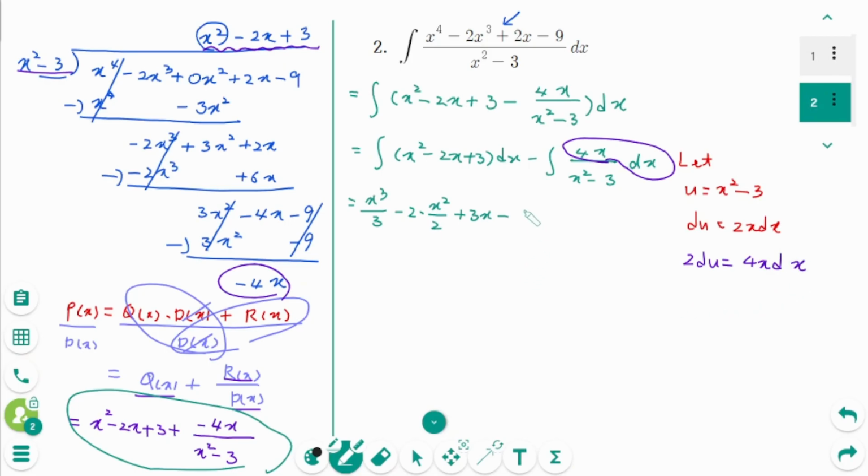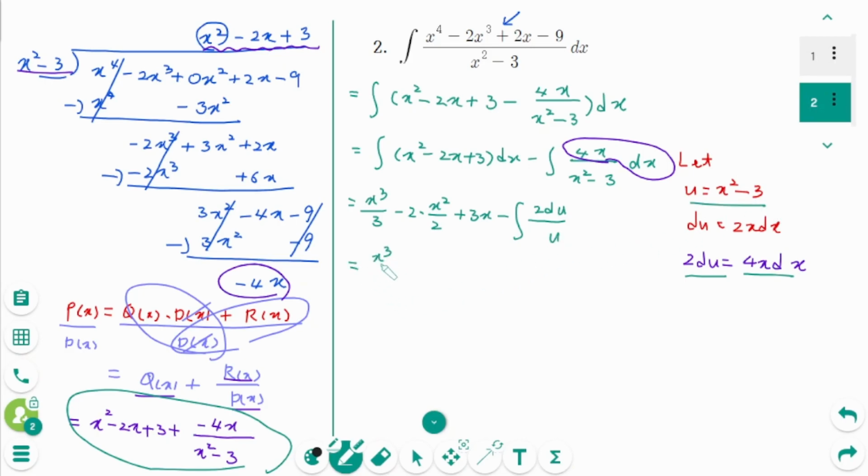Then back to the original, all x into u, 4x dx equals 2 du, over x squared minus 3 is u.